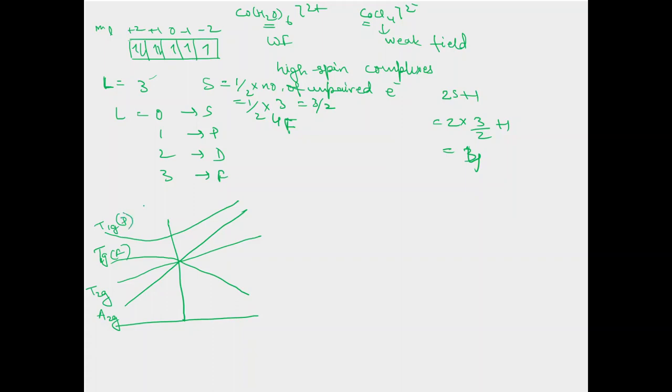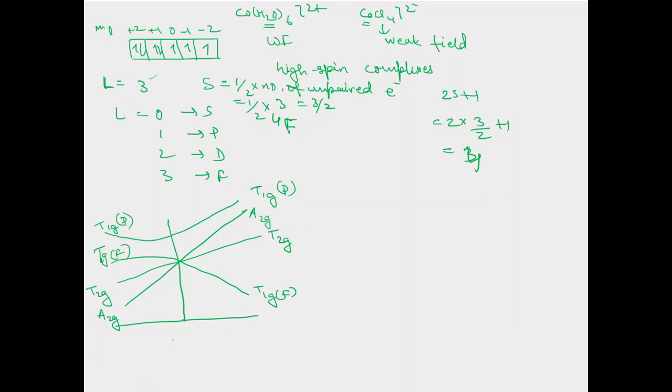This F is the ground state, but for every F we will get one excited state also, which will have the term P, and from there this another T1g term is coming. Okay, and similarly here we will write T1g P. This is T1g F. It's T2g coming from F, and A2g.